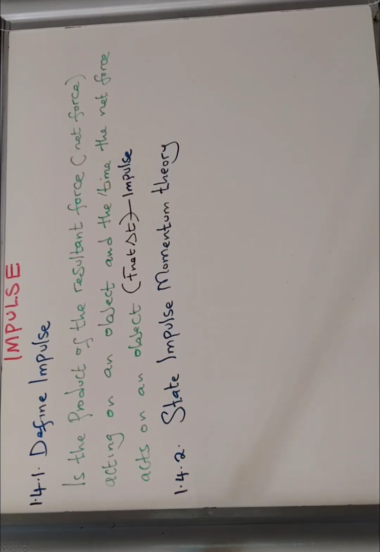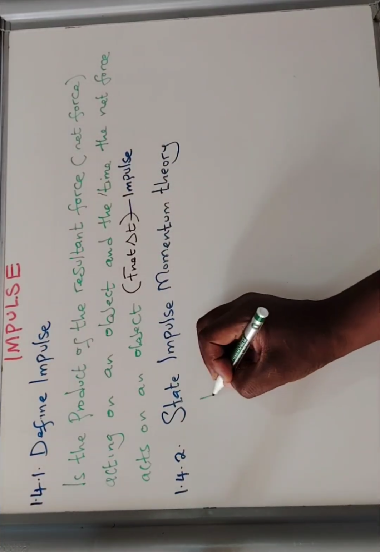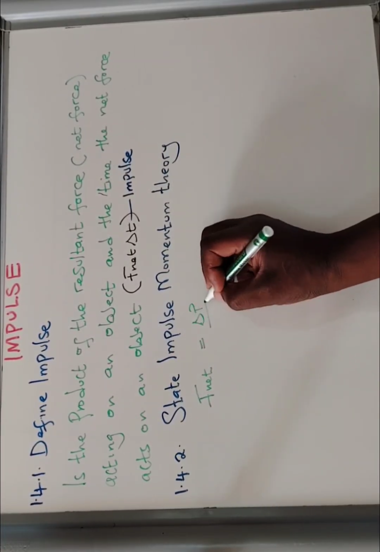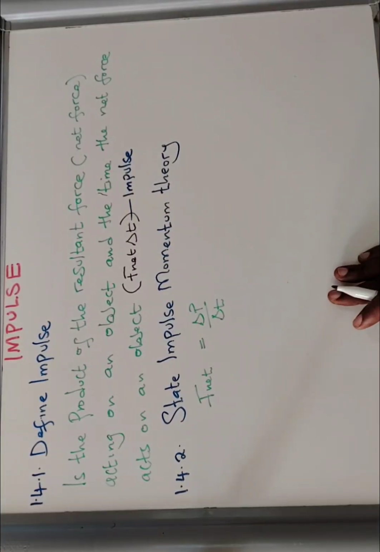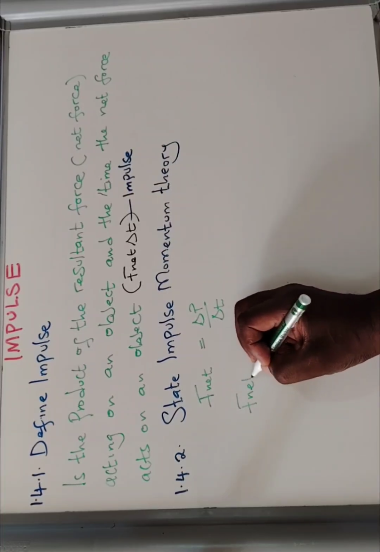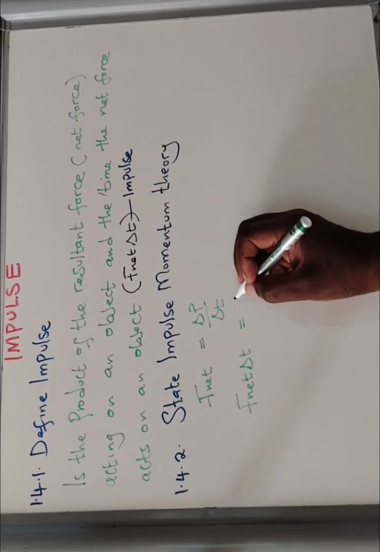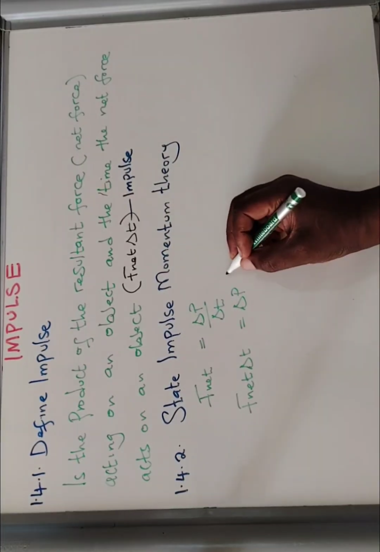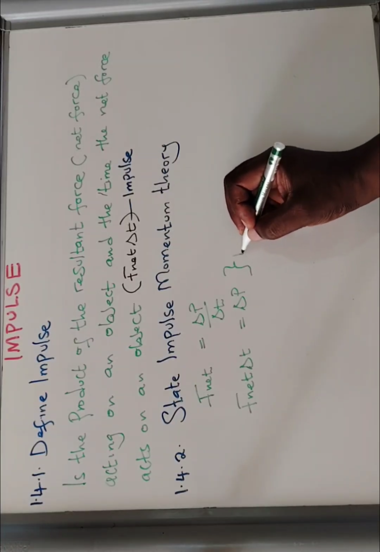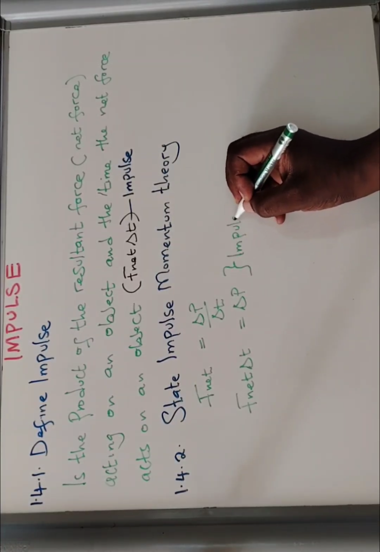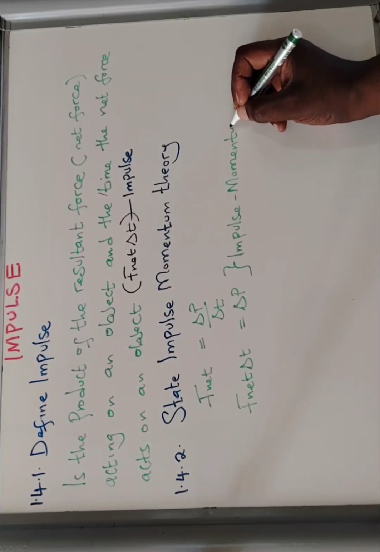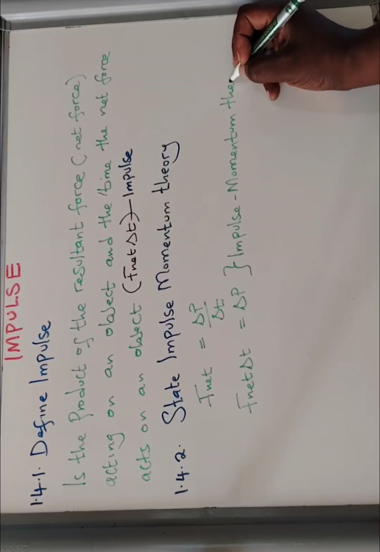Okay, here we have to recall that from our expression which we already used, which says that F net is equal to delta P over delta T, if you realign this one, its linear form, which is F net delta T, which is equal to delta P, this linear form of that expression is what we call impulse momentum theory.